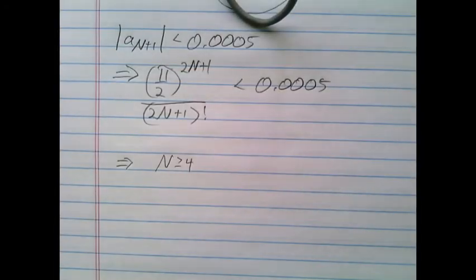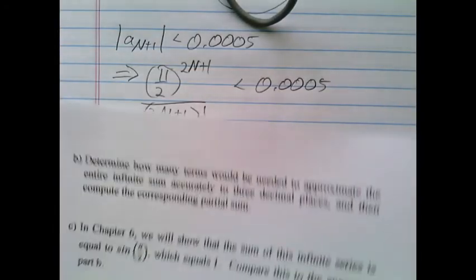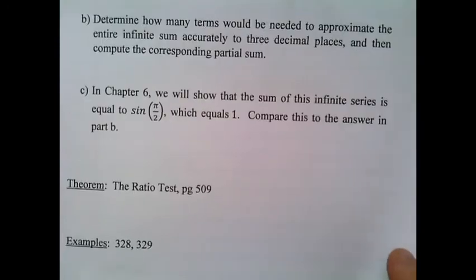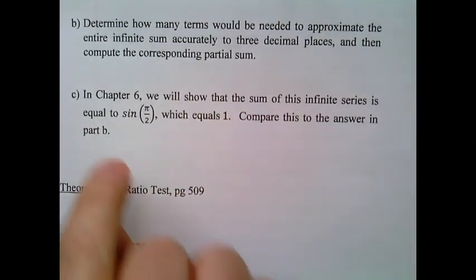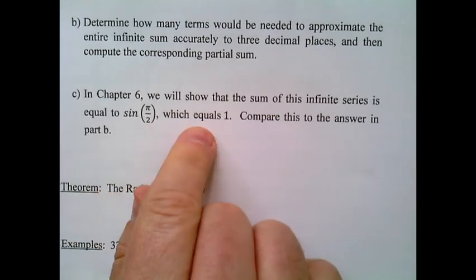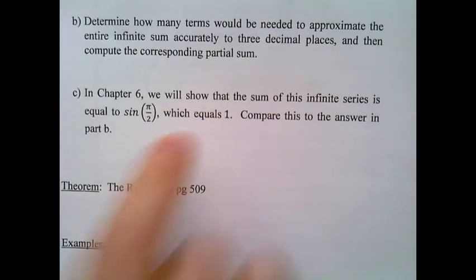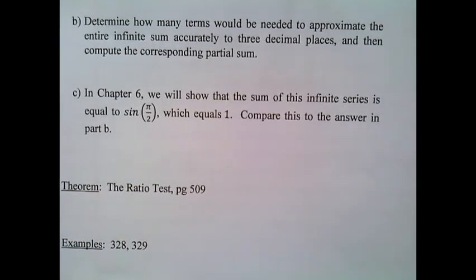It turns out that that is the case. In chapter 6, we will show that the sum of this infinite series is equal to sine of pi over 2, which equals 1. So we did in fact get an approximation that was good to 3 decimal places.